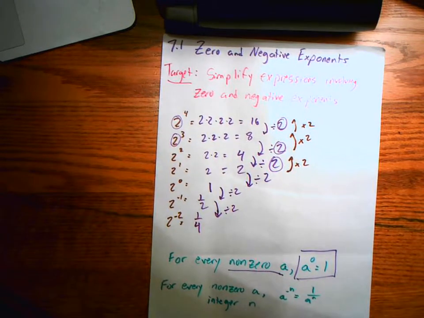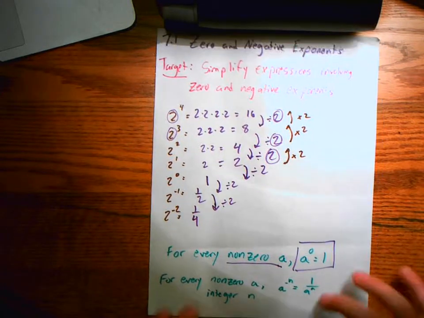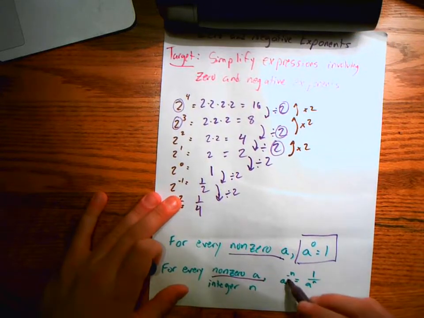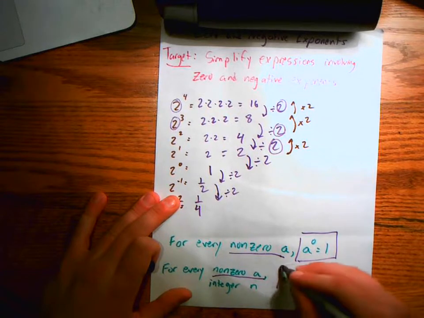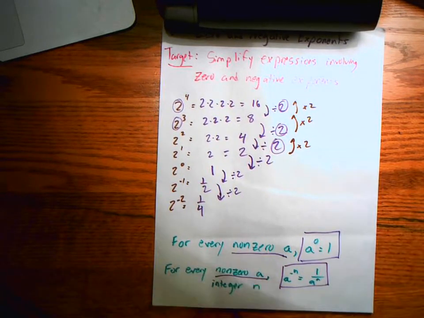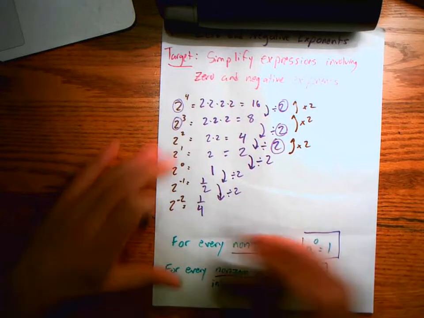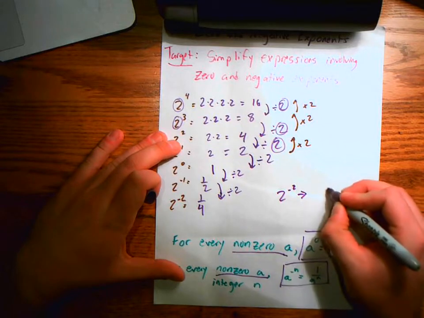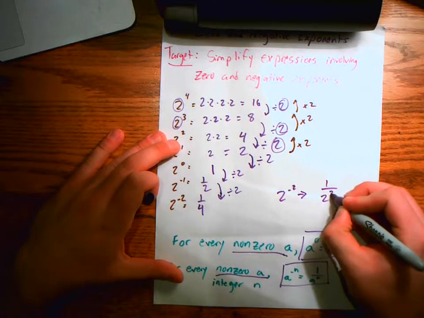And that brings me to the last point: for every non-zero a, a to the negative nth power is the same thing as 1 over a to the nth, flipping that number down to the bottom, into the denominator, like we do here. 2 raised to the negative 2 power is the same thing as 1 over 2 squared.